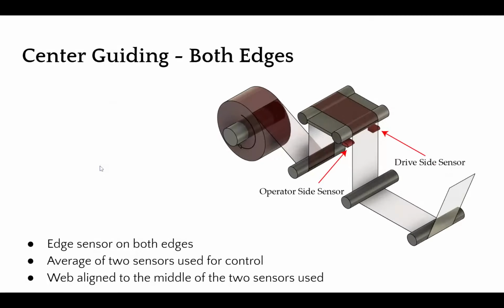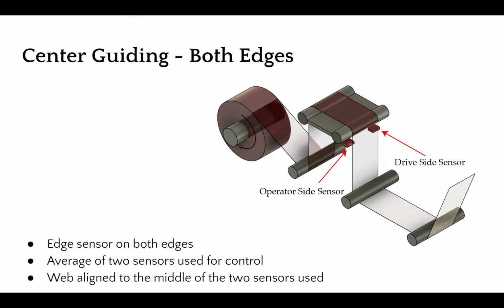Another way of doing the guiding is to have two sensors, one on either side of the web. This is called center guiding, and it is one of the commonly used techniques whenever we need to justify the web to the middle of the machine or the middle of the process.